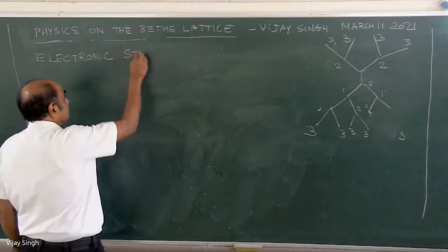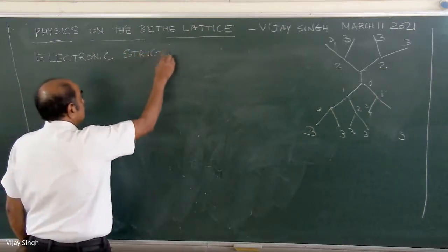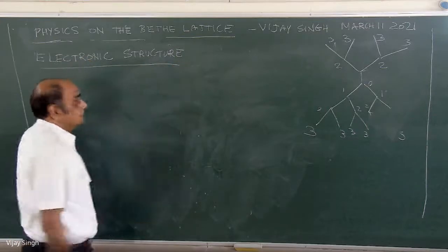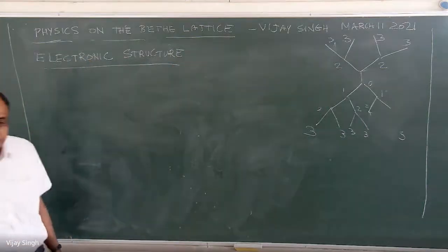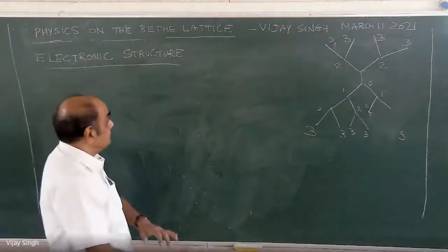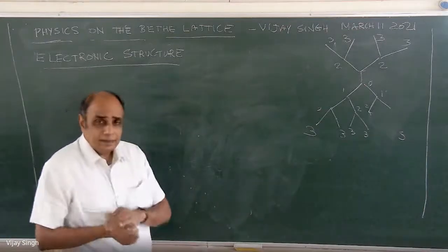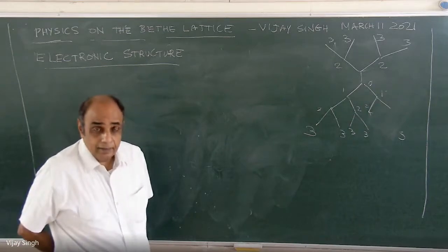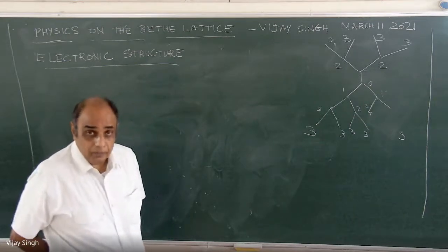Electronic structure. So let us take the simplest Hamiltonian: single band, nearest neighbor. Let's take the on-site term to be 0.